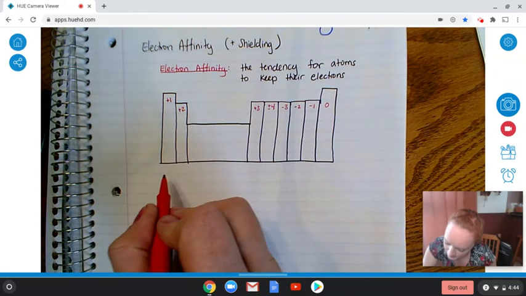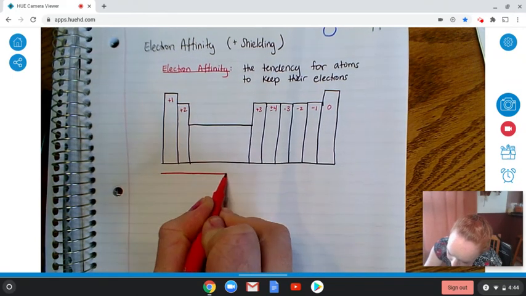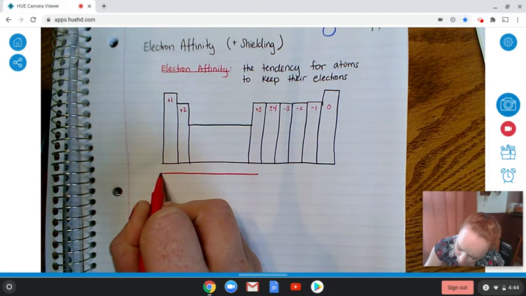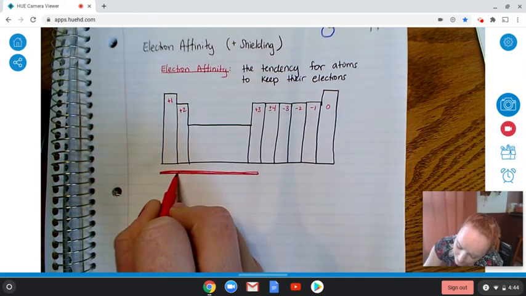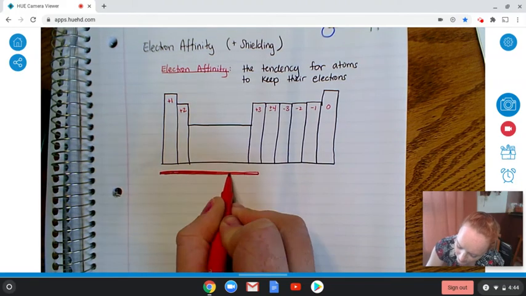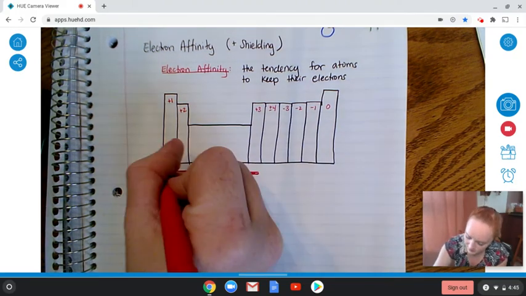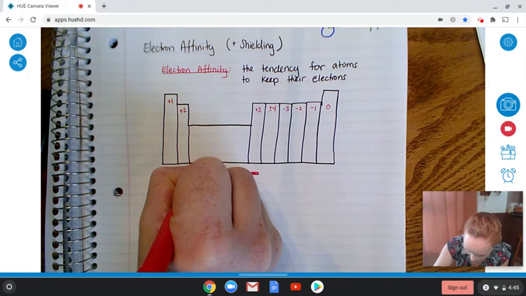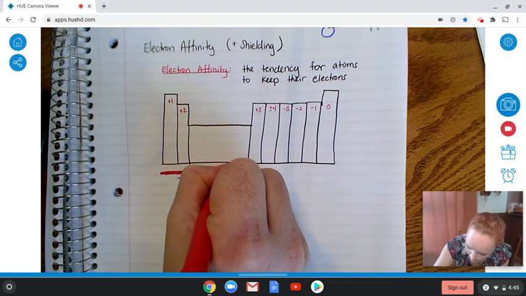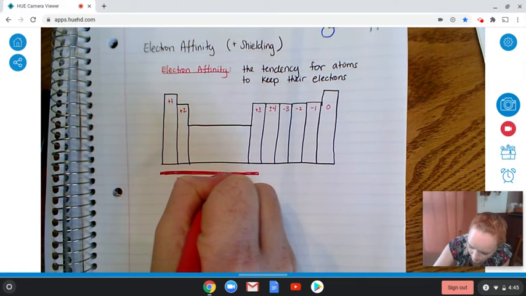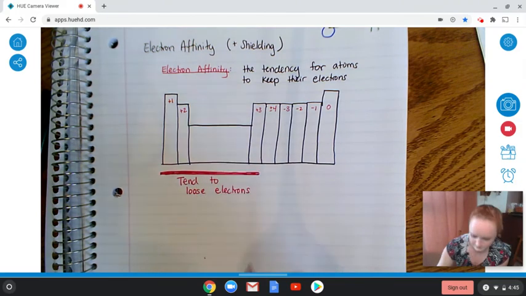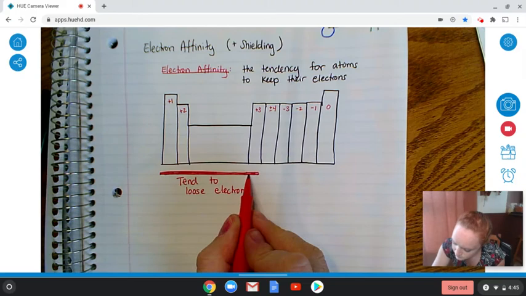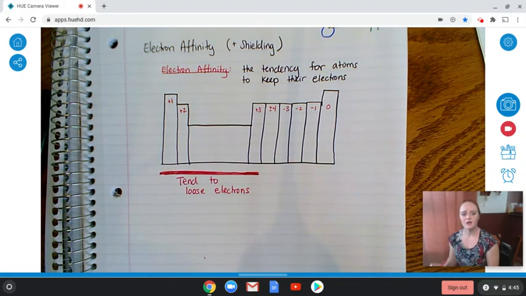So we know that any of these positive charges, this section of the chart, these are ions that tend to lose electrons. So on the left side, we tend to lose electrons.